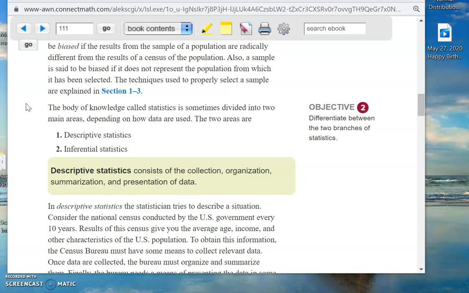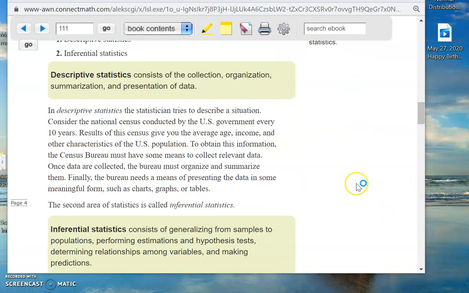Every guy that comes up to bat, the announcers can tell you his batting average, and how many times he has stolen second base, and so forth. You're describing this player's history. So descriptive statistics consists of the collection, organization, summarization, and presentation of data. You're not drawing any conclusions. You're just saying, this is the way it is. You describe the situation. So I'll let you read that.